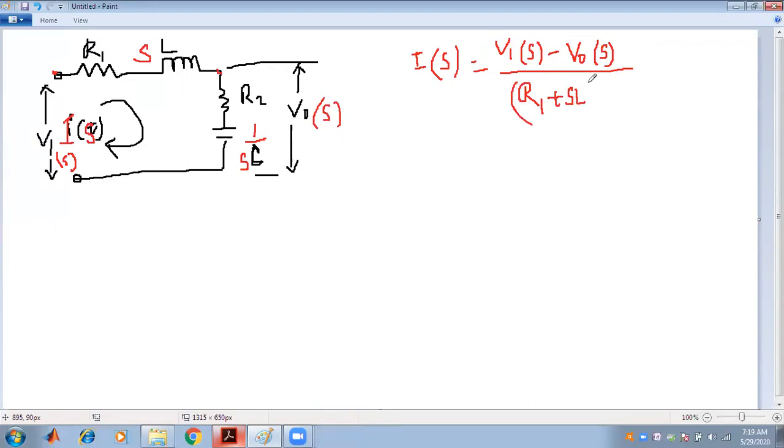That is the IS. And what is V0? V0 can be written as IS into R2 plus 1 by SC.